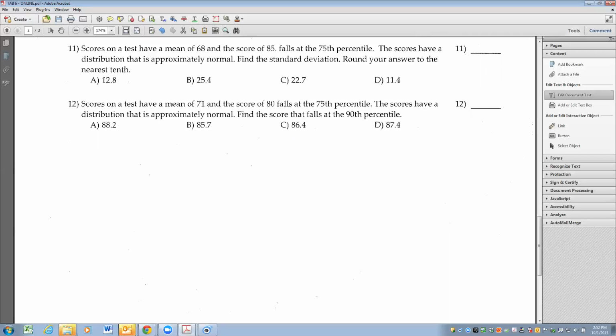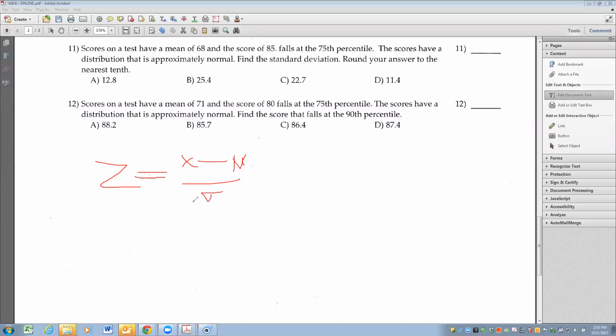So it'll be a 2-step process. You will first have to do z equals x minus mu over sigma to come up with the sigma value. I will then use the z-score at the 90th percentile, plug in the mean that you know is 71, the standard deviation you will have calculated, and then come up with an x value.